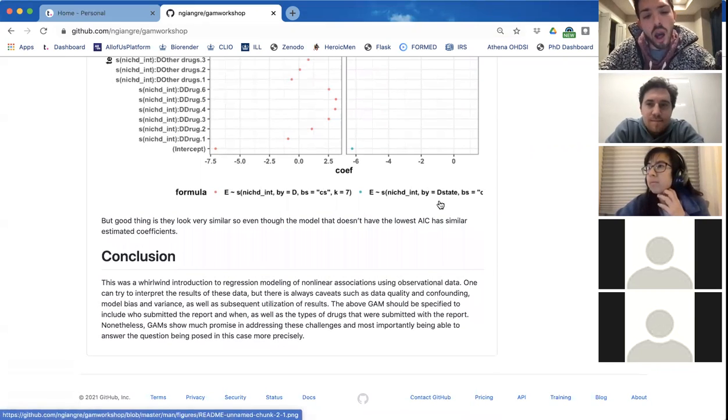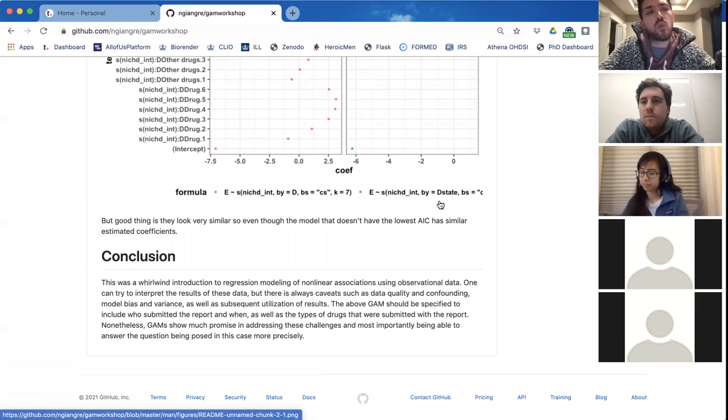And so that was really fast. I wanted to look at regression modeling of nonlinear associations using observational data.